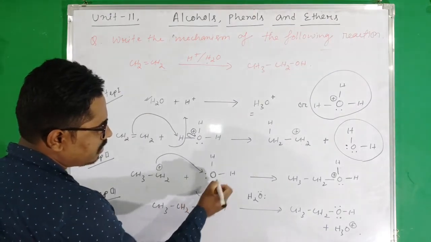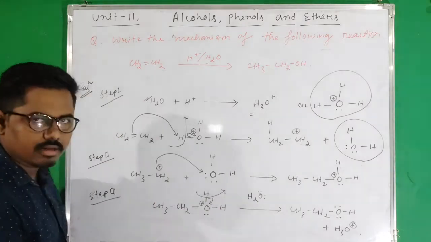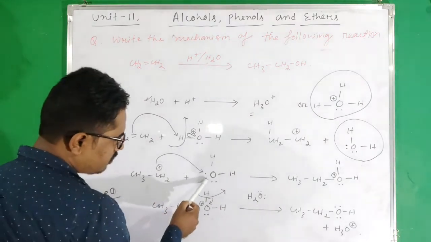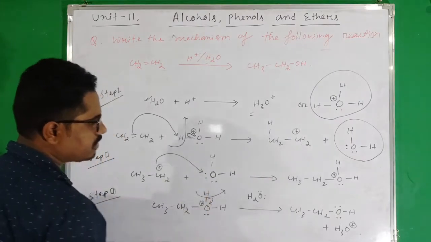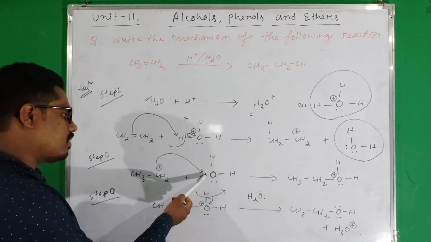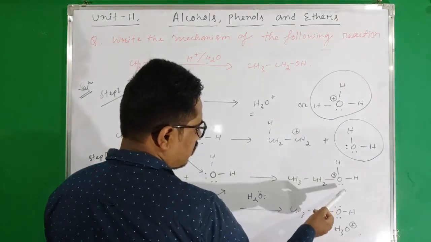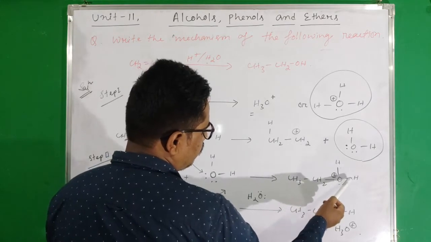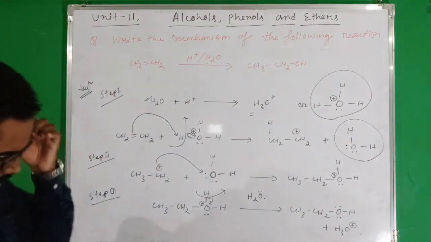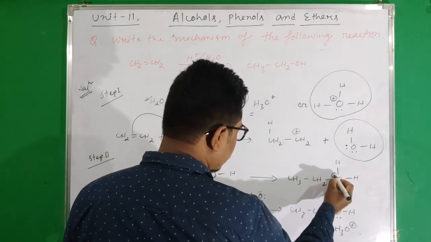Okay, in these bonds 2 electrons are present, but 1 electron is from hydrogen, another electron is from oxygen. Therefore initially 1 2 3 4 5 6 electrons are present, but after donation of these 2 electrons in this oxygen, 1 2 3 4 5 valence electrons are present. Okay, hence here one positive charge will appear, which is known as formal charge.